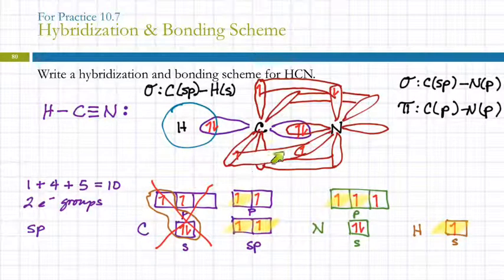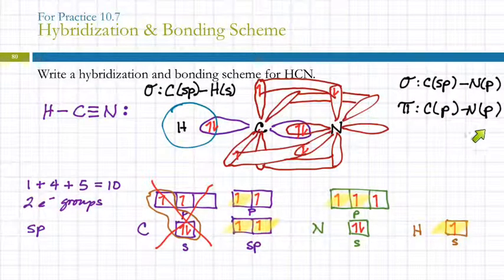So how would we describe this bond? Pi bond. Yeah, pi, CP, NP. It's the same as this one. It's a pi bond, side-to-side overlap between carbon and nitrogen.